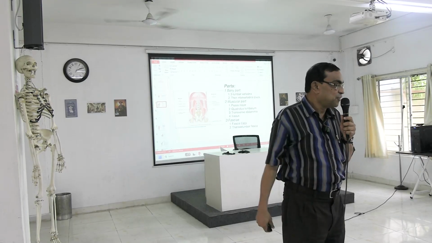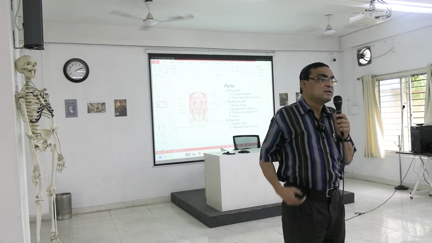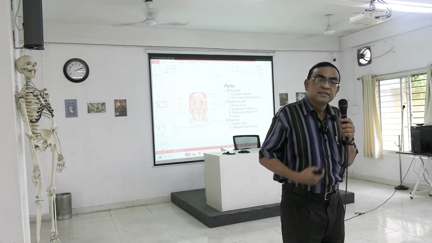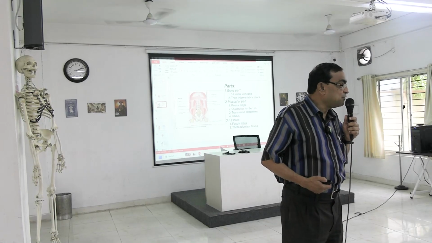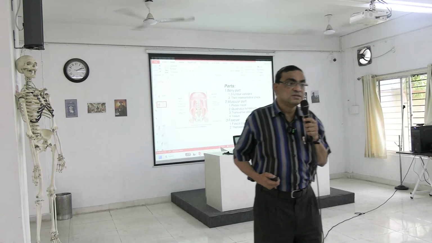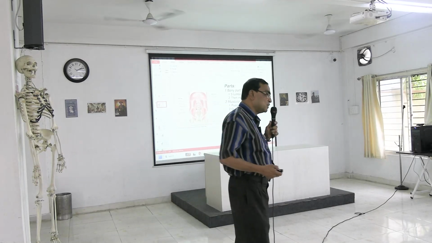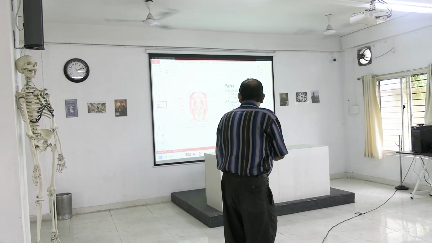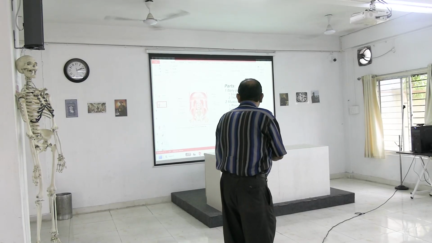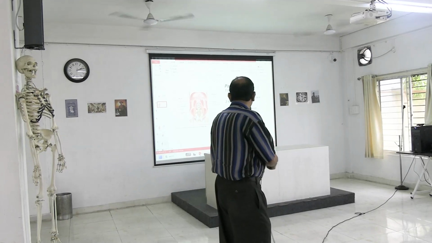So when these muscles are contracting, there is no change within the abdominal cavity and no change in the position of the abdominal viscera. Okay. And more laterally, we are getting one muscle that is called the transversus abdominis.